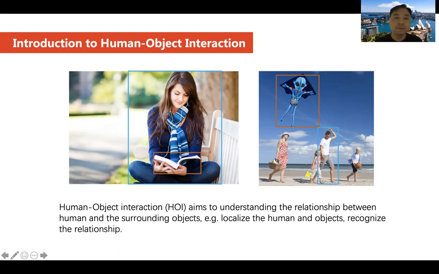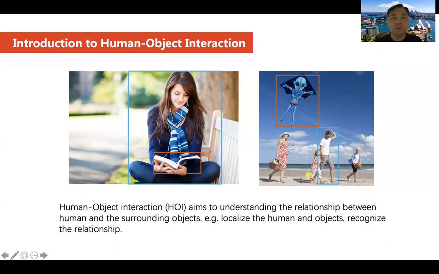For example, how to localize the person and the book in the left image and recognize the interaction, read the book. In the right figure, flying a cat, HOI understanding requires localizing who is interacting with which cat, which is usually very challenging.